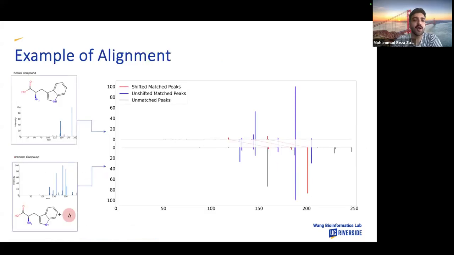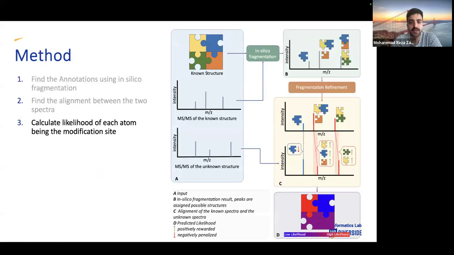So once this alignment is done, we now have the peaks that are shifted and the peaks that are matched but not shifted. And using that, we are going to calculate the likelihood of each atom being the modification site. So the way it works is for the shifted peaks, we look at the annotations and we see which atoms exist in those substructure annotations, and that is a positive reward.